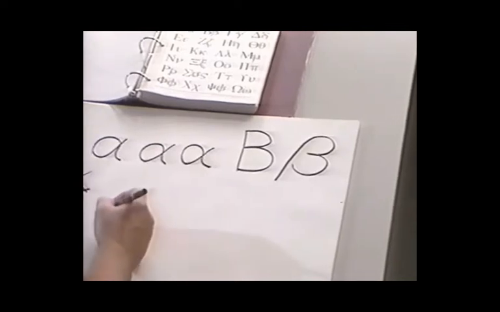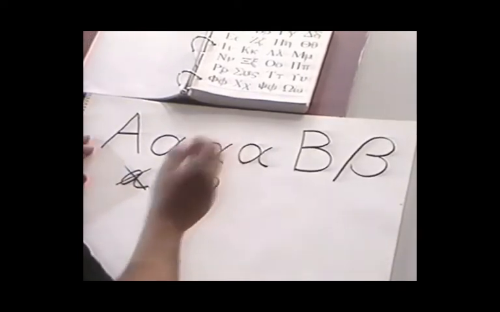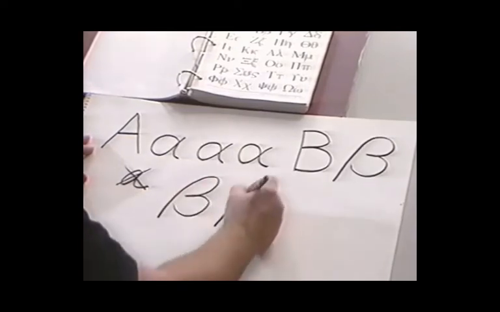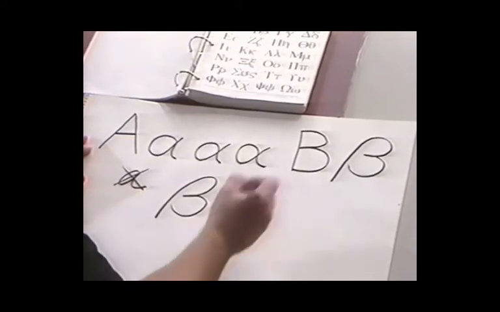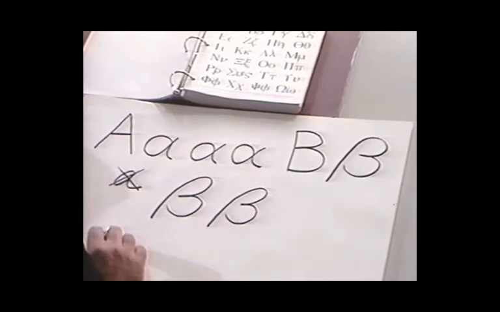Watch it again. Lowercase beta. Now, the beta is equivalent to an English B, and we will give it the same pronunciation as an English B, b, as in baby.